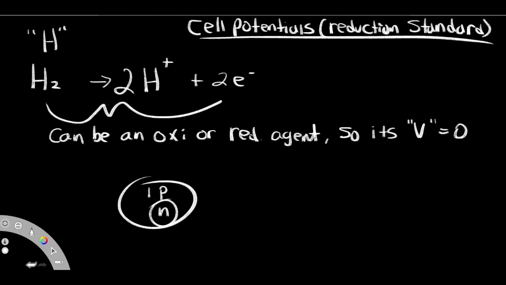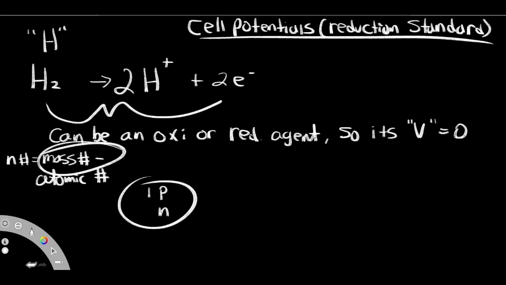If you don't, you have to know that the neutron number is equal to the mass number minus the atomic number. The mass number is about 1.01 AMU, atomic mass units, subtracted by the atomic number, which is 1, so you can just round down to 0. So there will be 0 neutrons.